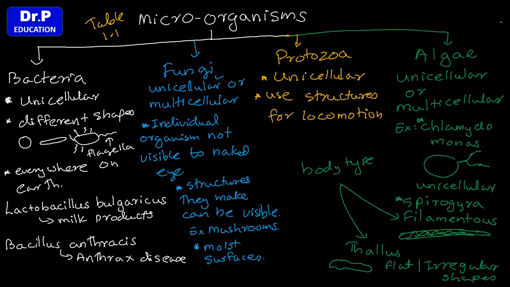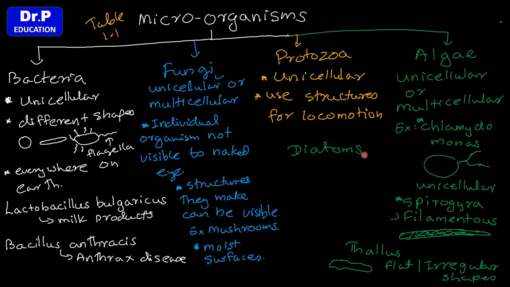There is another very special type of algae. Those are called diatoms. Diatoms come in various shapes and they have various patterns. Now the algae like these ones are much softer structures, but diatoms have silica cell walls.